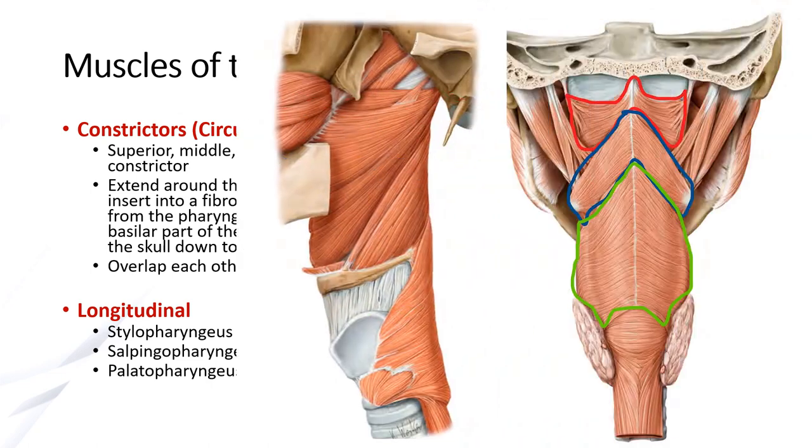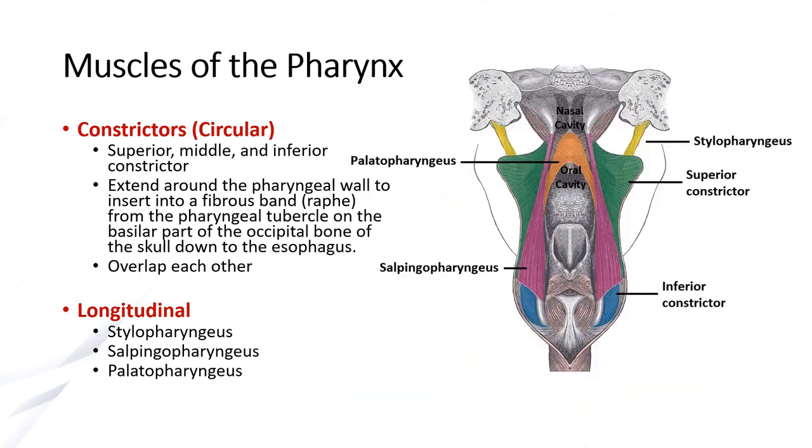This is the pharynx from the lateral view. Again, this is the superior constrictor, the middle constrictor, and the inferior constrictor. We also have the three longitudinal muscles, the stylopharyngeus, salpingopharyngeus, and the palatopharyngeus, which we will discuss in more detail later.